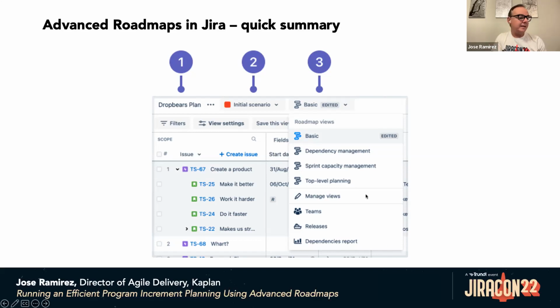I will focus on the top level planning because it's the view that we can customize to mimic the program board. But you can add more views. There's some managed view functionality, so you can add more views. You can, for example, take the basic view, that is a basic roadmap view, and add more fields, reorganize the view, create filters, etc.